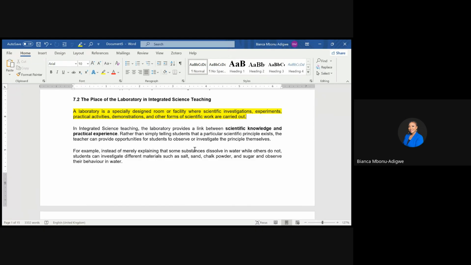Instead of merely explaining concepts, you can show objects that sink in water, objects that float on water, the reason why oil and water do not mix, and so on and so forth. This is what your ITS lab is going to help you to achieve.